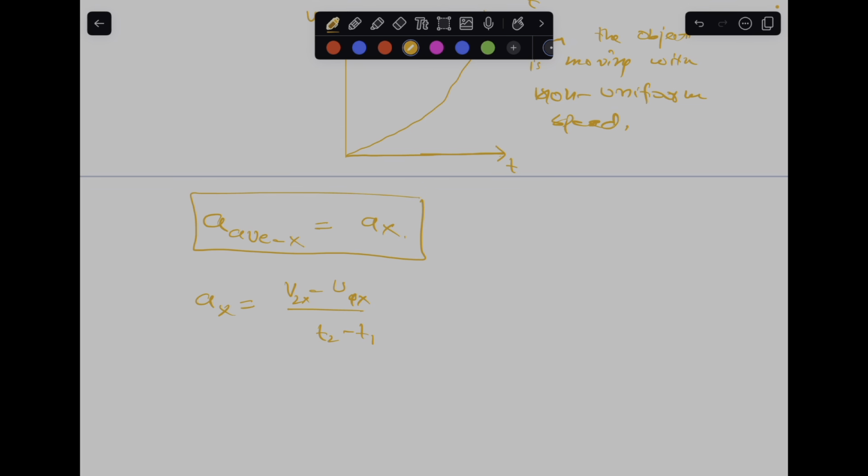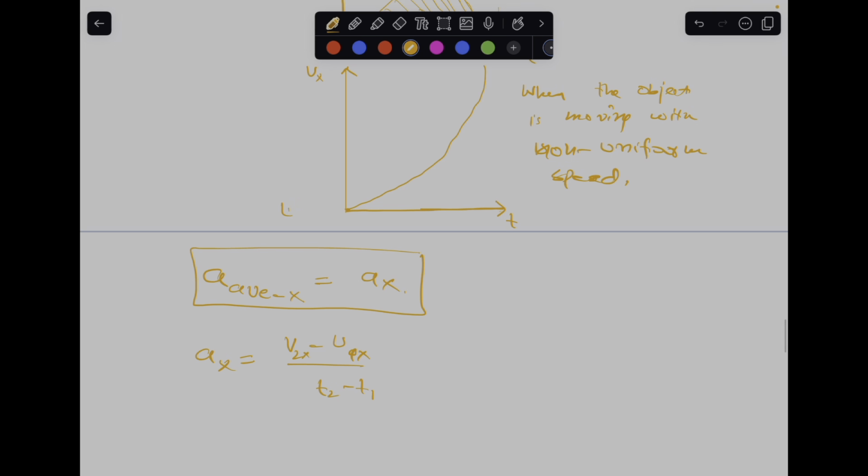When we start our motion, we start from the origin, at time t equals 0. So we select time t1 equals 0, and time t2 we take at any time after which we observe the motion, which is time t.